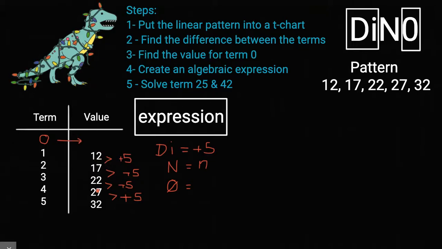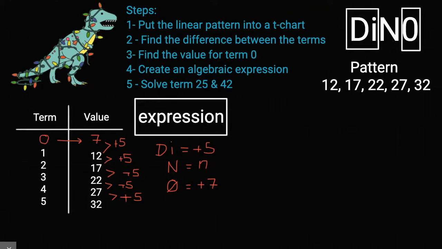So every number going down adds 5. Every number going up subtracts 5. So realistically, 12 minus 5 will be term 0. So term 0 should be 7, because 7 plus 5 is 12. And that's a positive 7, not a negative 7.